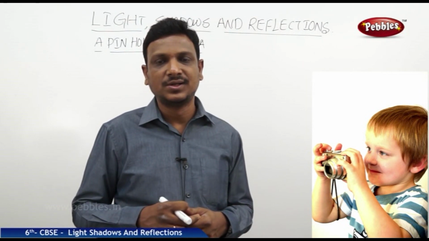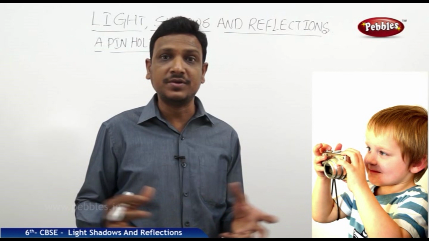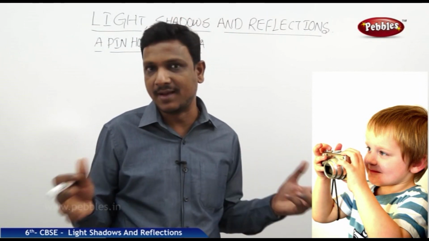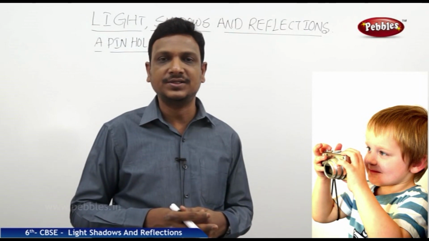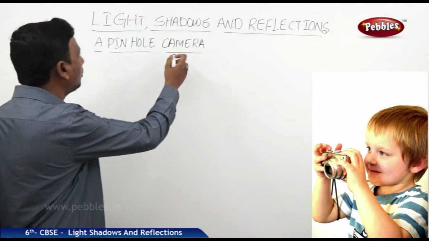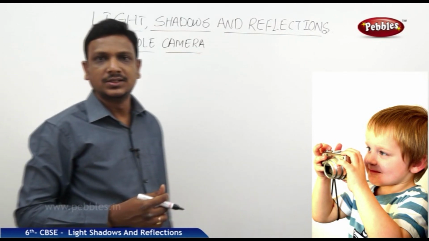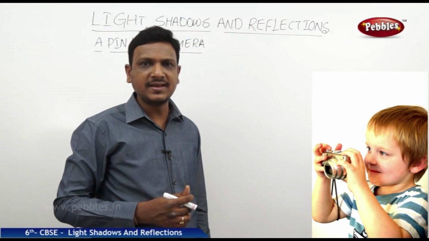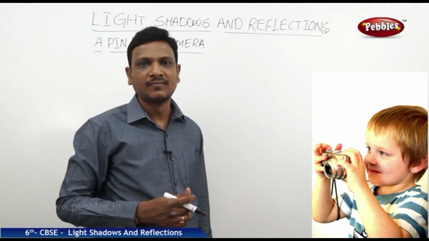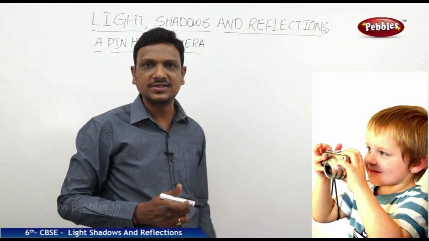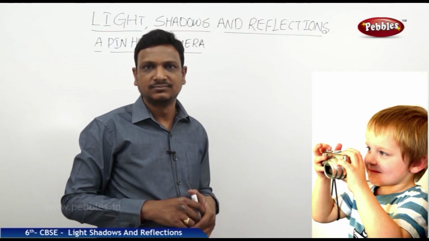right? So now let us see how we can make a camera. Of course, we are not going to make a very complicated camera to take the pictures. We are going to make a simple camera called a pinhole camera. So what is this pinhole camera? How is this useful? By making this pinhole camera, you can get the images of various objects onto a screen, right?